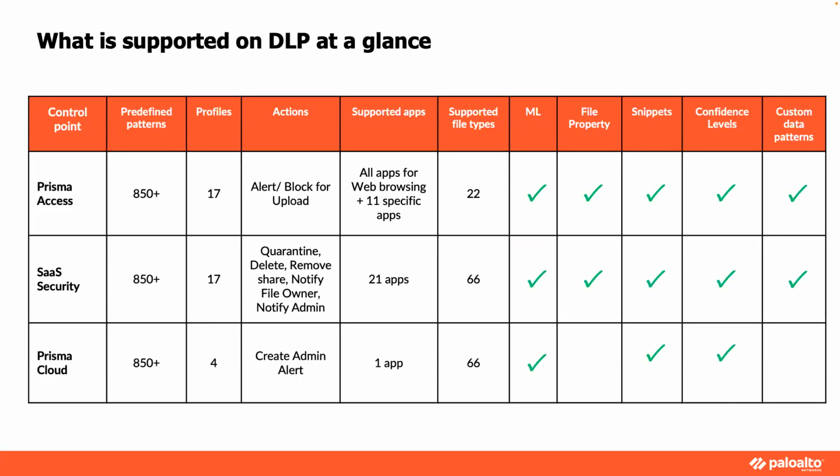So if you look at the Prisma Access information on the slide, we have about 850 different patterns we can look at, and in fact, it grows every day. For all I know, it could be well over 1,000 now. Different profile types and actions.